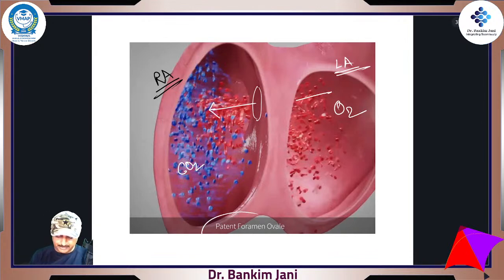We are looking at patent foramen ovale, right? Foramen ovale, which should be closed as the baby is born, baby takes birth, right? First cry and it closes, but else, because of the high pressure of the left atrium, that blood pushes and comes into the right atrium. So interatrial septum, gap, hole in the heart, commonest is patent foramen ovale, right?